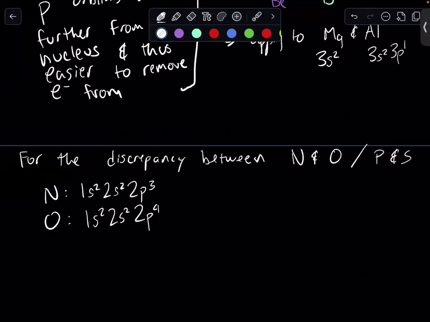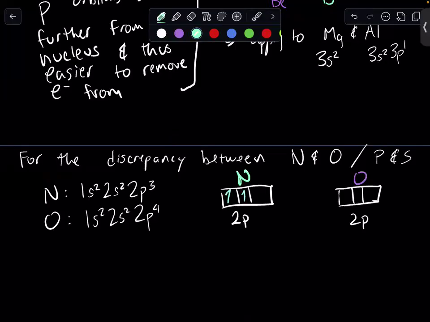When we look at the p orbital specifically of these atoms, so this is the 2p, and we'll say this is nitrogen, and this is oxygen. Following our rules, nitrogen has three: one, two, three.